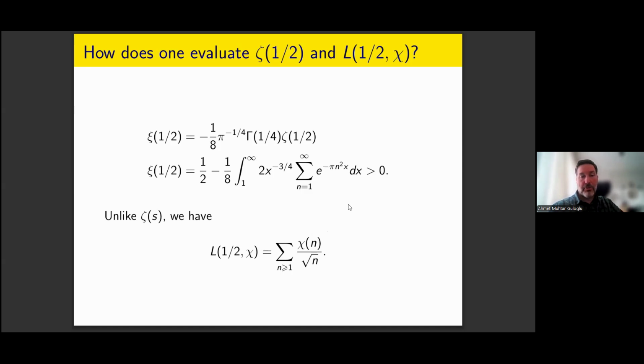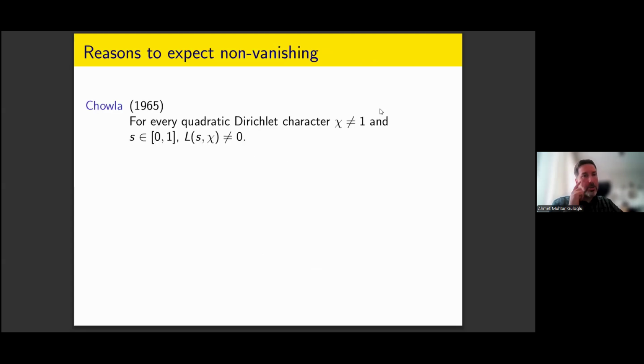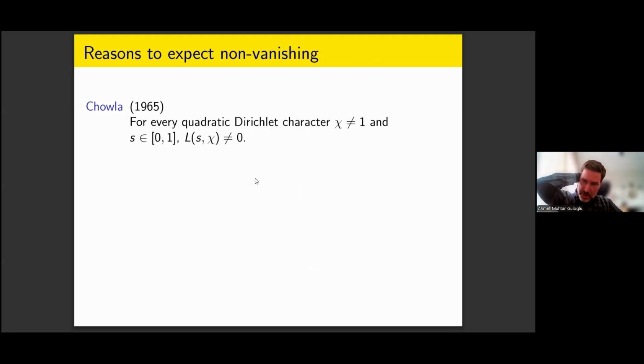So basically, how do you find the value of an L function at 1/2, if these integral representations or these kinds of sums don't work for you to show it's equal to 0? We'll come back to this one. All right. So what are the reasons to expect non-vanishing? One of them is this conjecture due to Chowla in 1965. This is not a paper, by the way. It's a book by Chowla.